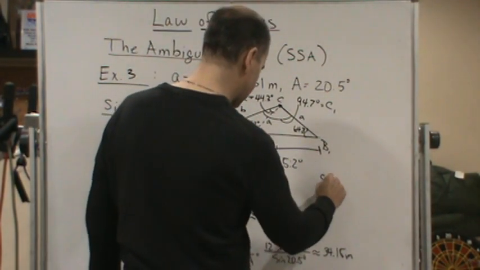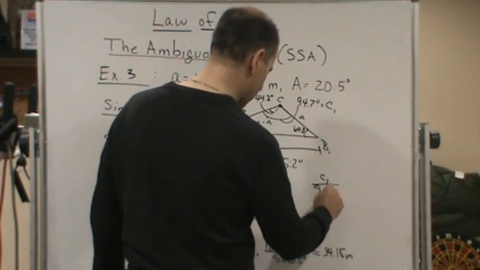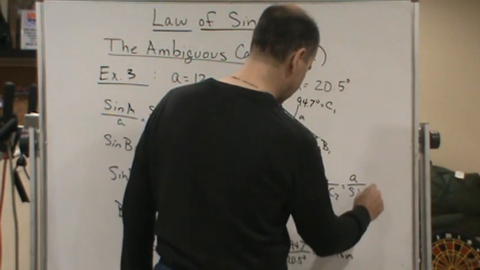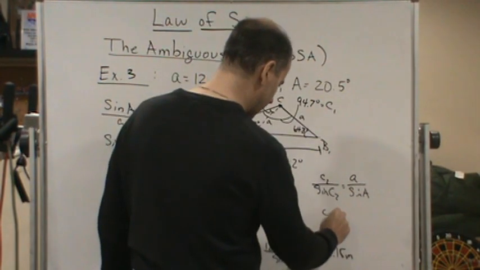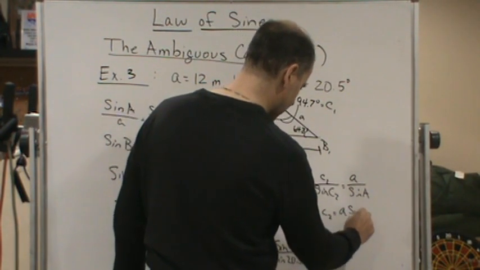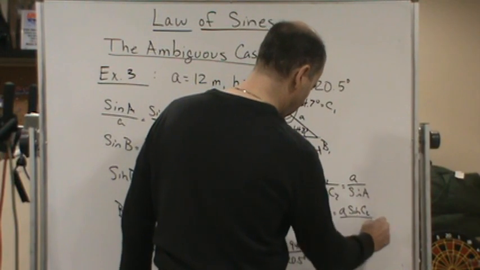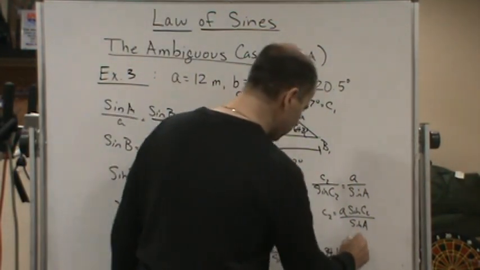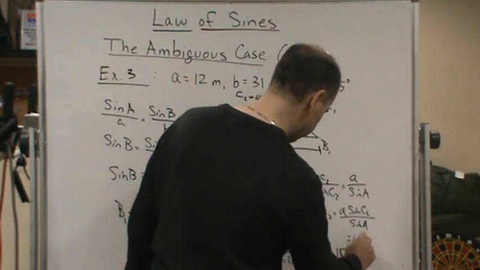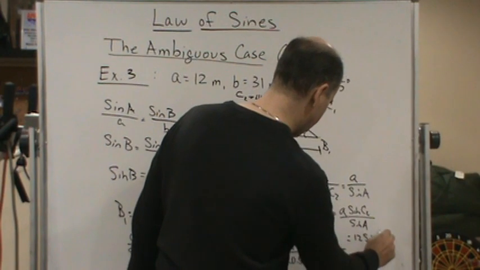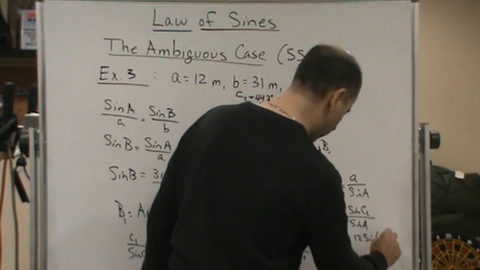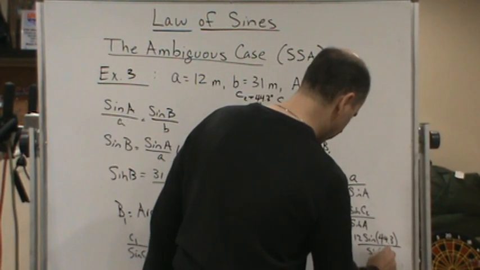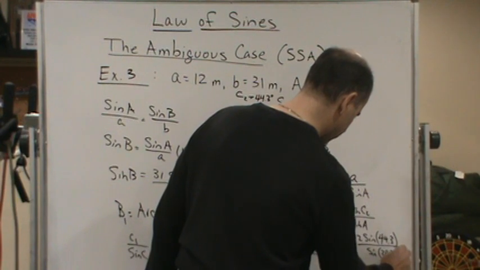This time we're going to do C2 over sine of C2 is equal to A over sine A. And so C2 equals A sine of C2 over sine of A, which is equal to what? 12 times the sine of C2, which is 44.3, divided by the sine of 20.5 degrees.